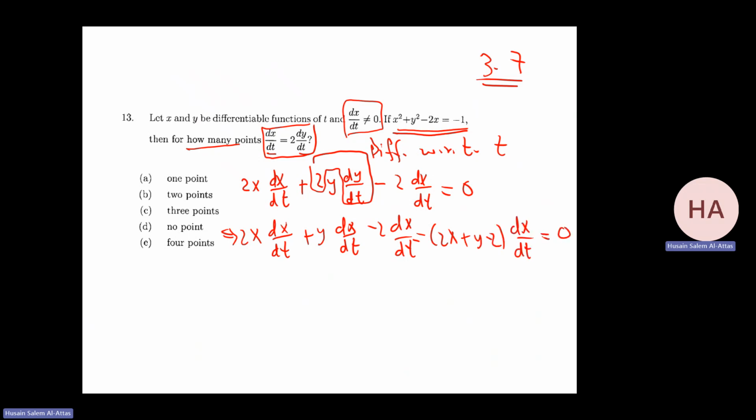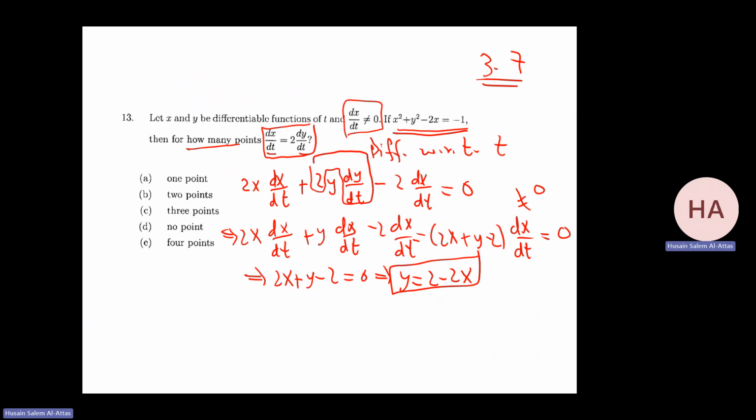That should equal 0. And he told me this is not equal to 0. So that means 2x plus y minus 2 equals 0. In other words, y equals 2 minus 2x. I get y.